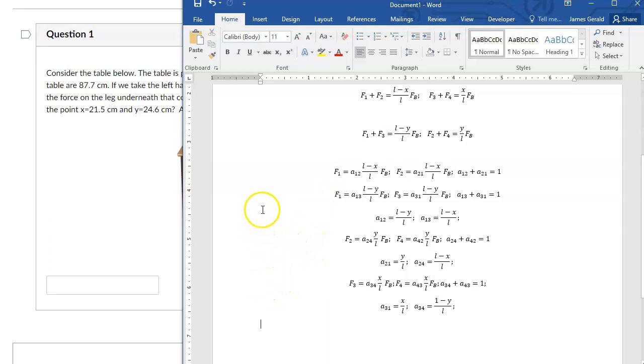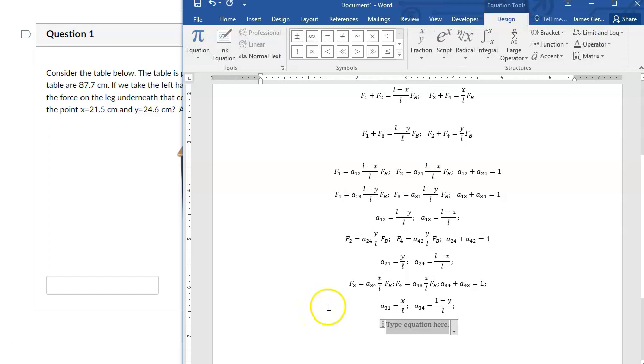And now we've already done everything for F4. I believe we have, for F4, this something times Y over L. And down here, something times X over L. Right?